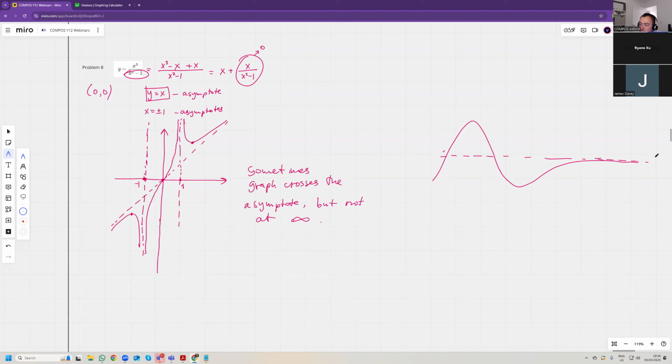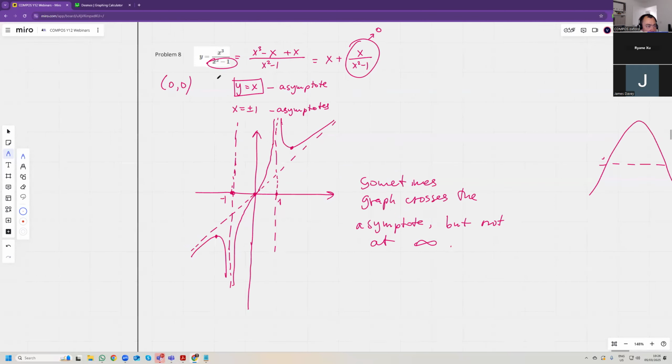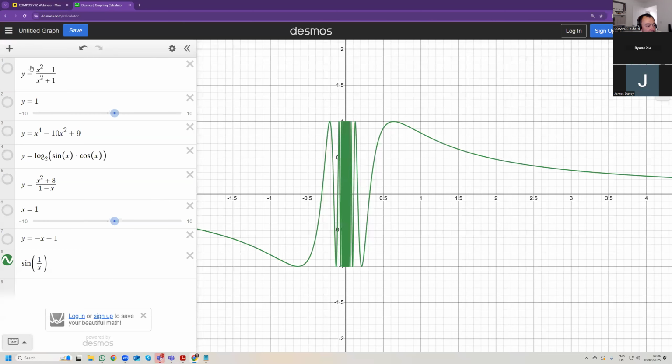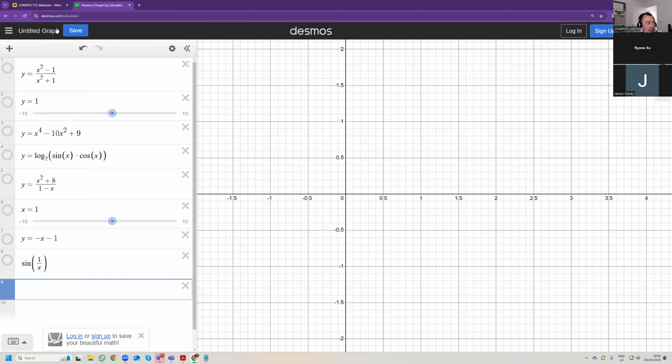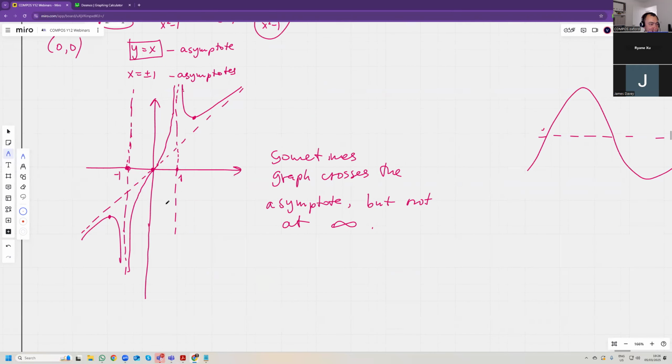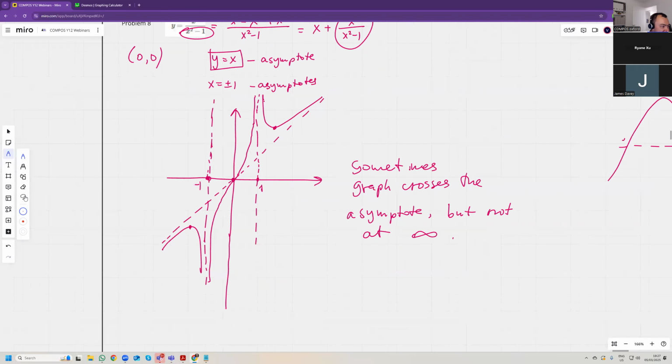The portion from -1 to 1, is it not decreasing? No, it should be. I'm judging from here because when x is positive, it's positive. Let's check. x cubed. Oh yes, I think you're right. Of course you're right. Yes, it's decreasing.